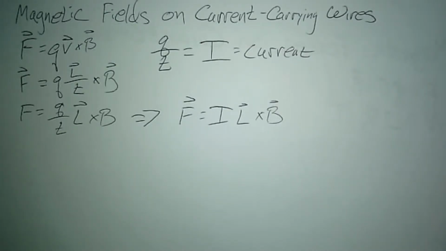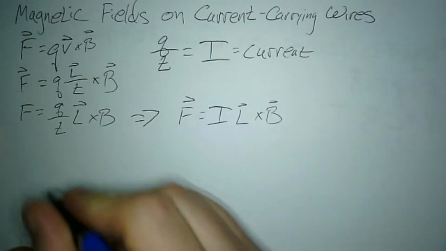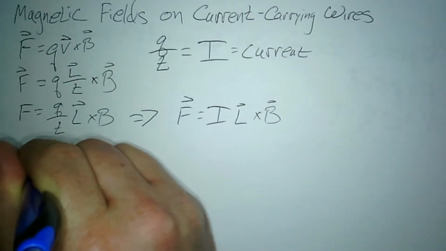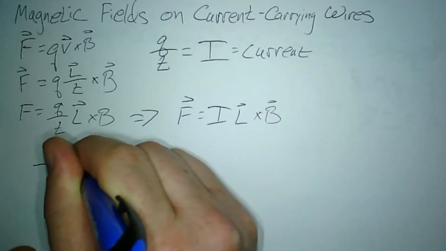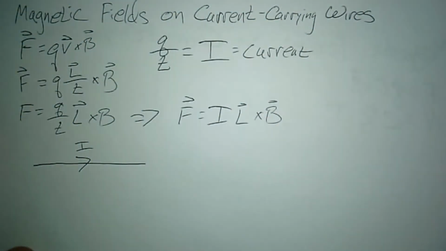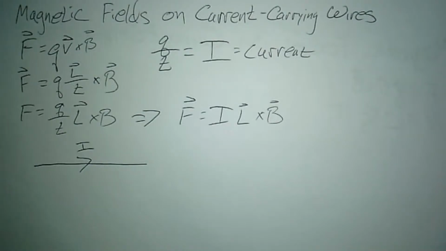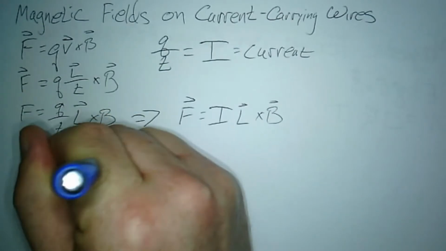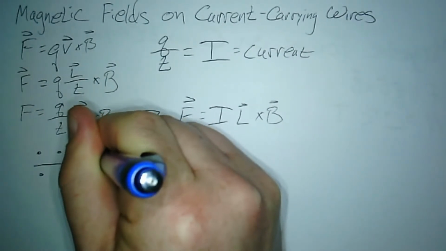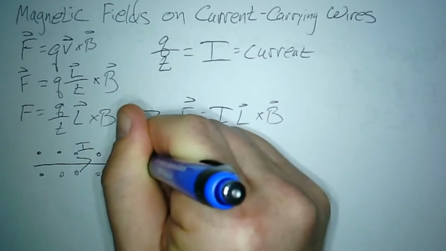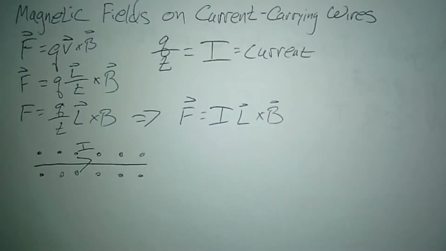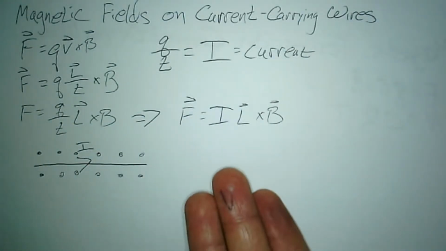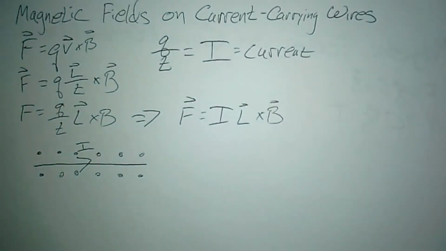So if I have, let's say, a wire carrying a current going that way, so I have a vector, and let's put it in a magnetic field going out of the page. So let's put in some dots. Which way is the force going to be? Well, we're going to use my right hand rule again. Same exact rule, except I'm going to take my velocity, which is my fingers, and now it becomes current.